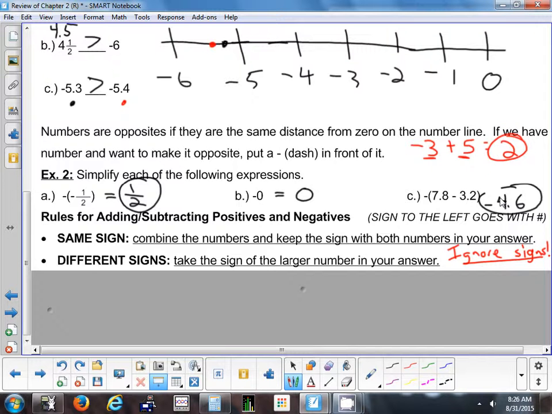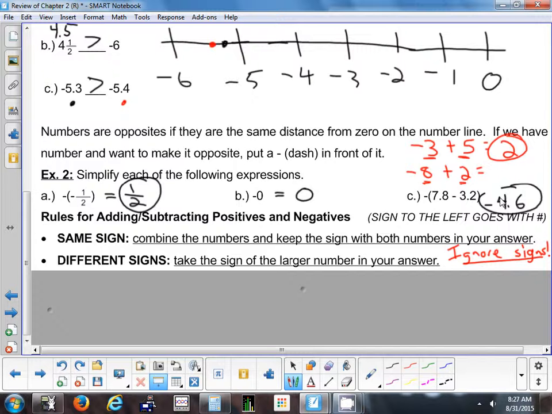Now if I did the opposite, let's say I had negative 8 and a positive, I don't know, 2. Corey, in that problem, again ignoring the signs to start, which number is bigger? Just the numbers themselves, 8's bigger, right?